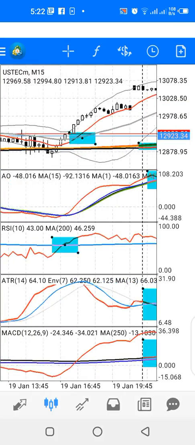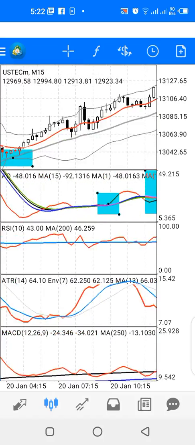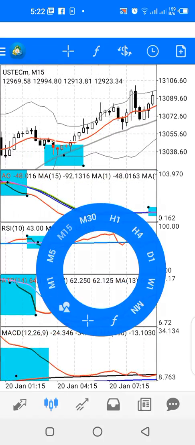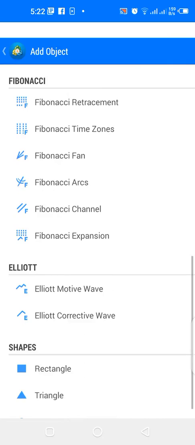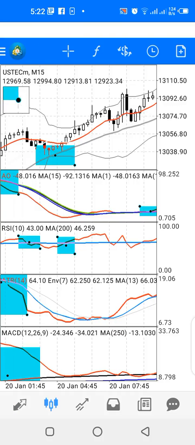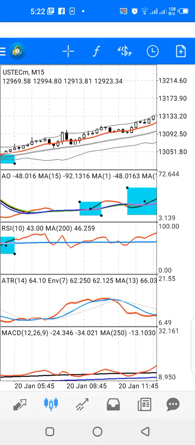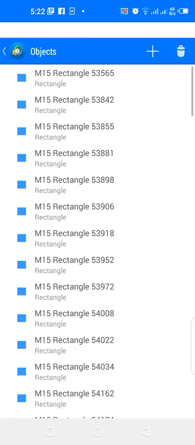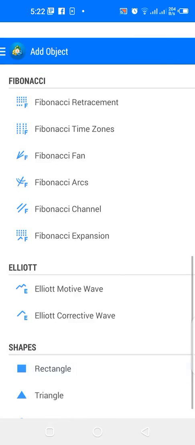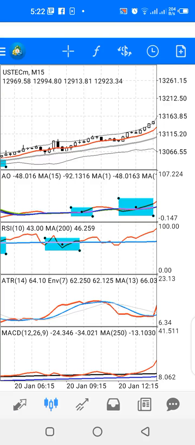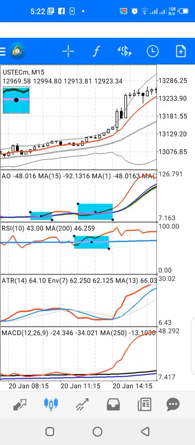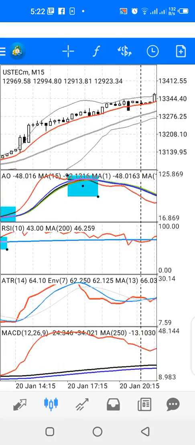When it crosses above, you have your buy signal. When it crosses below, this is not a clean cross. There's no clean cross here, more like a range. But you have a clean cross above here for you to buy.